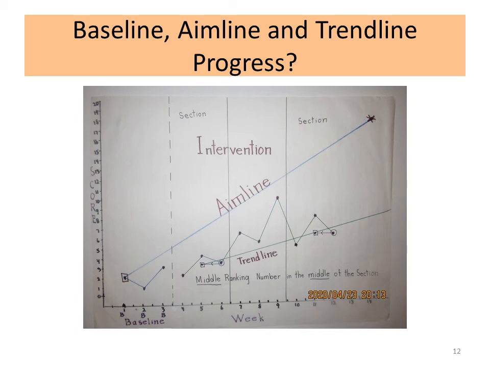That's questionable. There are 3 points, the 3-point rule. There are 3 points underneath that trend line. Therefore, it might be wise to change the intervention a little bit so that the progress, the slope becomes steeper.